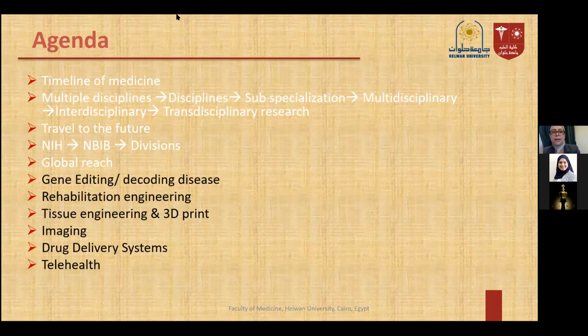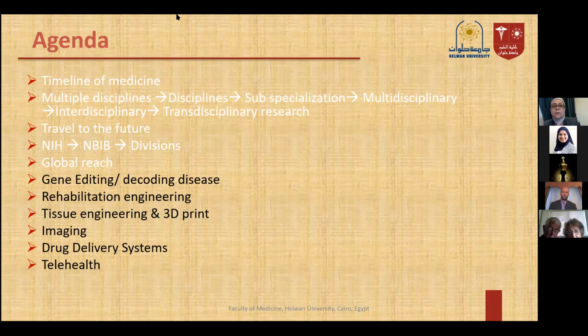We discussed together the timeline of medicine and the history of medicine from the Stone Age to the 21st century. We discussed the idea of multiple disciplines. Scientists had multiple disciplines, then went through specialization and disciplinary work.